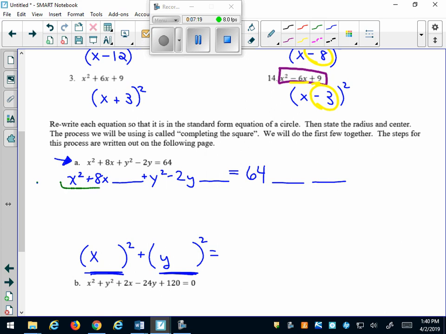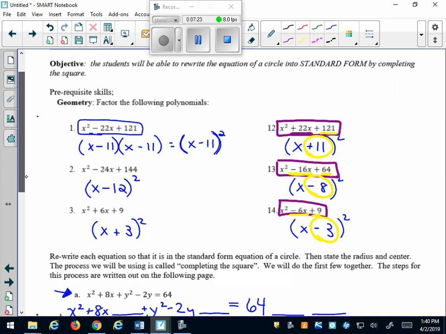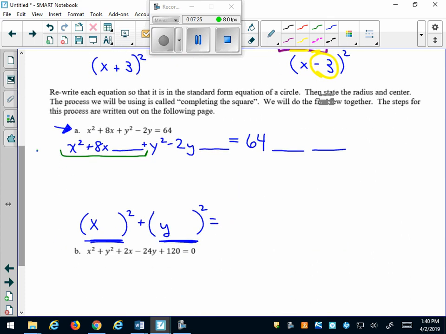Now, look at this as a perfect square trinomial like we had up here. We said in order to get this last term, what do we have to do to the middle term to get the last term? Cut it in half and square it. That's how we get the last term from the middle term.